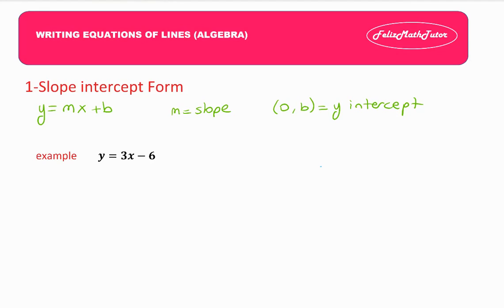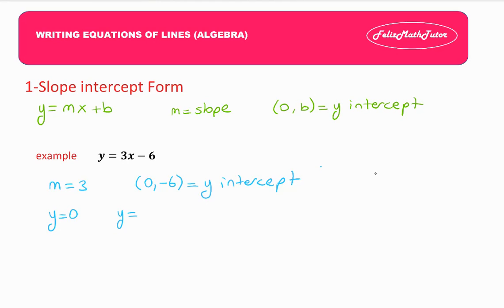So let's say we have y equals 3x minus 6. From this equation, I can easily say my m, which is my slope, is 3, and the point (0, negative 6) is my y-intercept. If I want to graph this equation, I can also put y equals 0 in this equation.